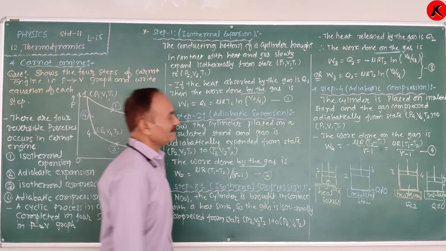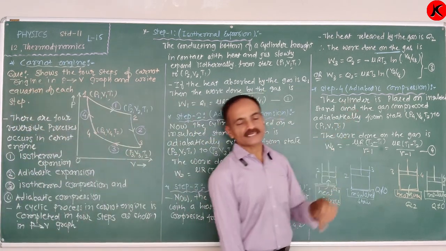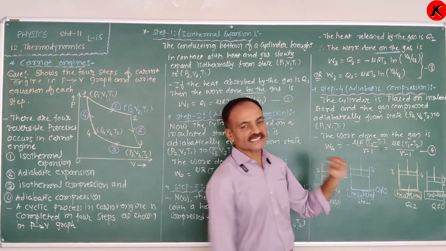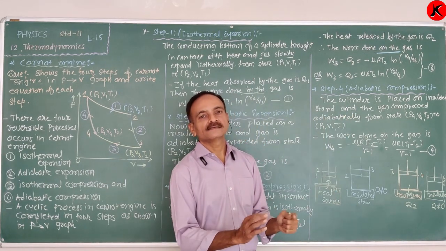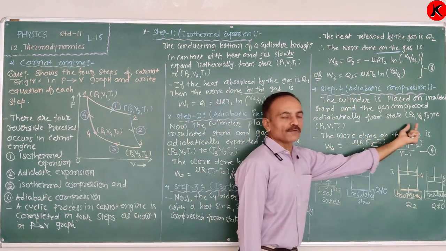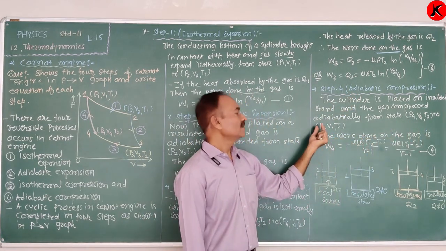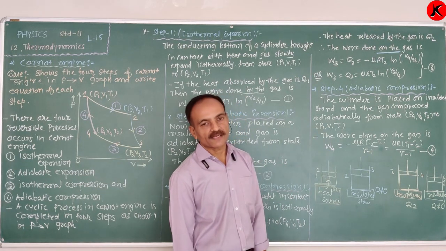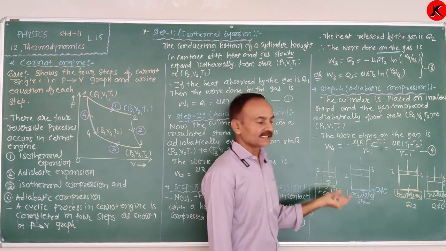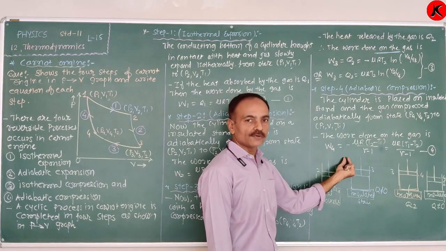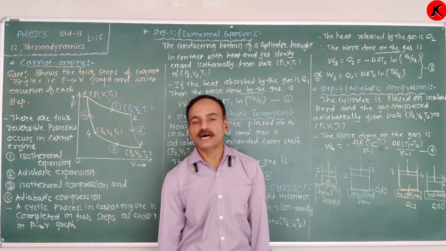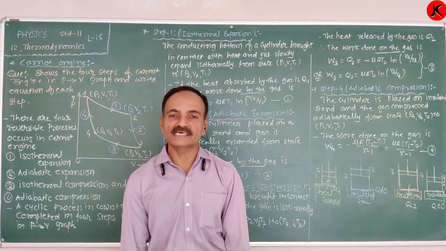Again, the fourth step is the cylinder is placed in the insulated state and the gas is compressed adiabatically from P4 V4 T2 to P1 V1 T1. The work done on the gas W4 is equal to, for an adiabatic process, the work done W is mu R T1 minus T2 upon gamma minus 1.